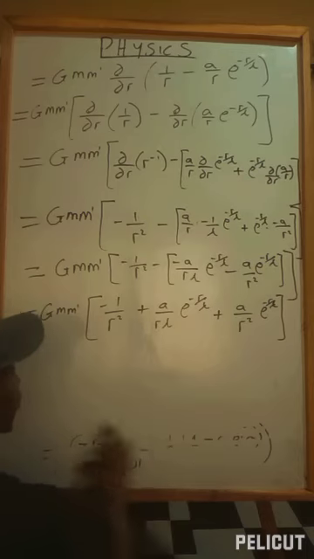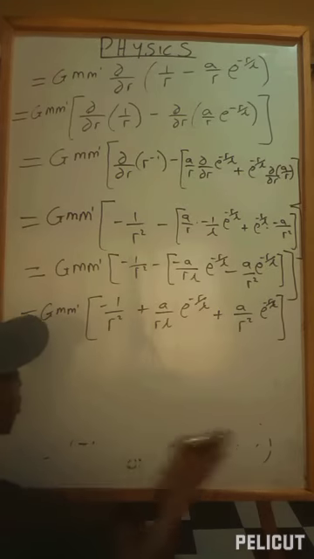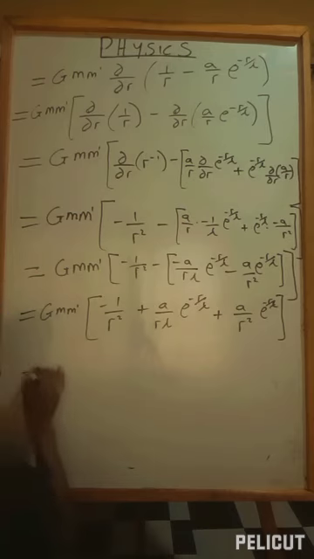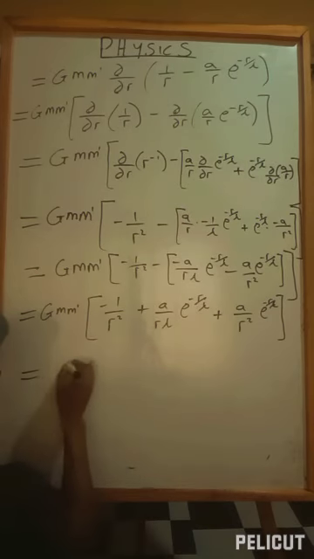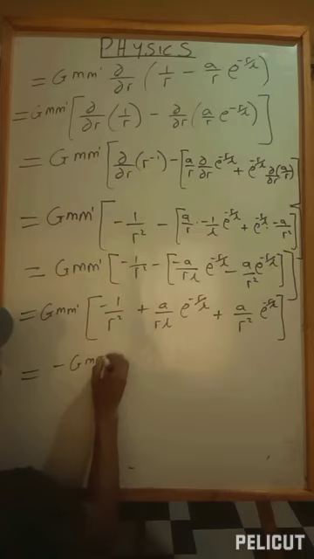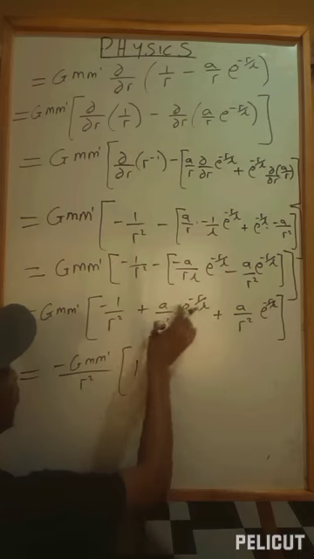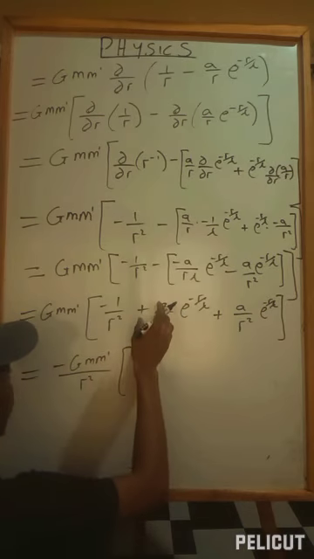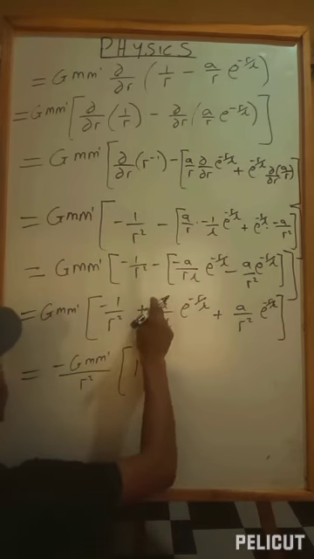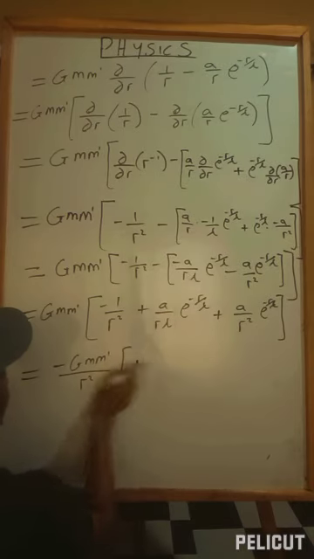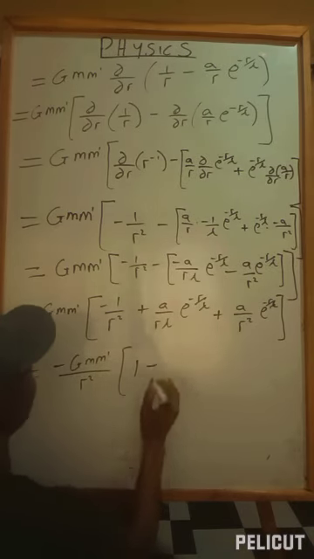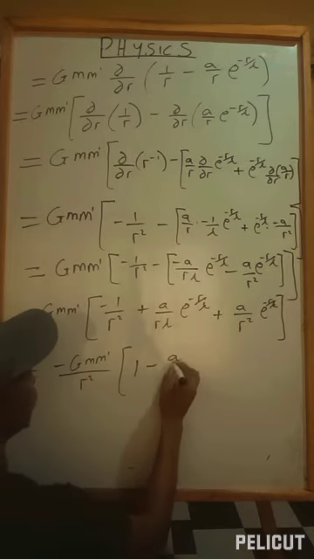And let's factorize 1 over r squared out so that we can have the original function back. I'm factorizing minus 1 over r squared out. So that's going to be minus g m m prime divided by r squared. So I'm going to have here 1. I've already factorized minus 1 over r squared out, so I expect this numerator to have, if I factorize r squared out, that should be a r over lambda.